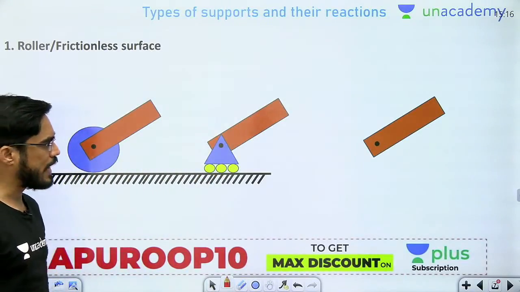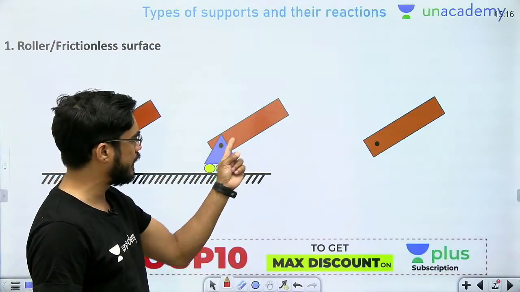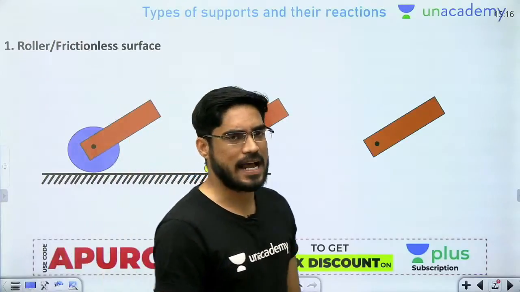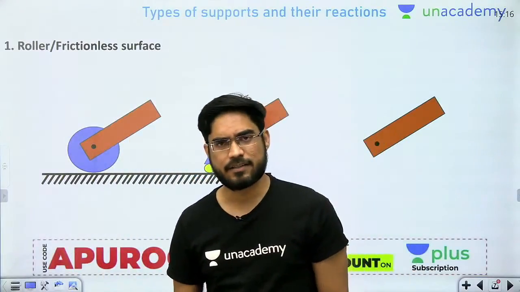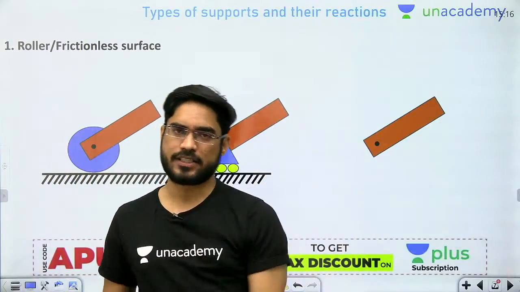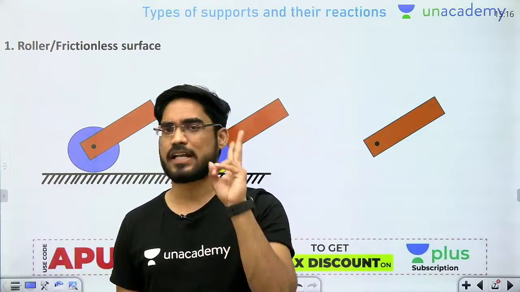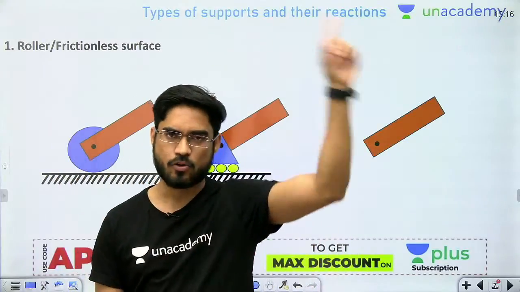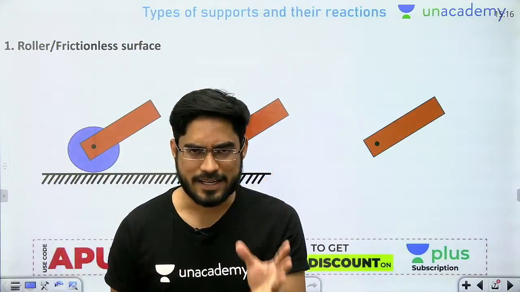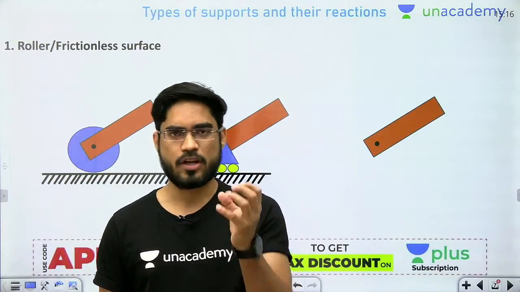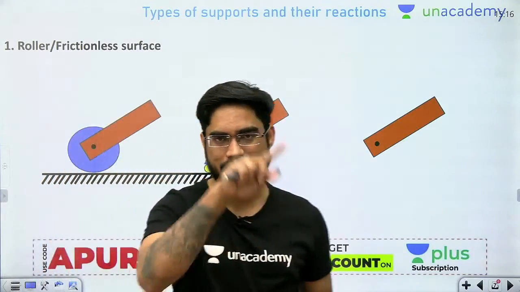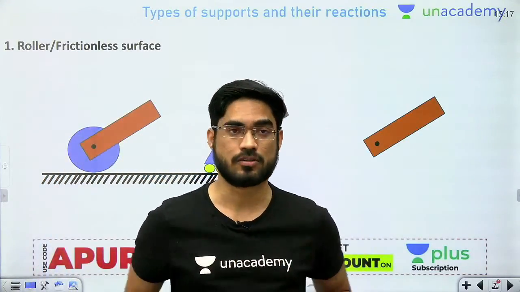Now beta, I need to know that when I isolate this body from this roller, what will be the reaction? Now in order to understand that, let me give you a very simple trick. Beta, there are two types of motion, translation and rotation. आज की दुनिया में सिर्फ दो टाइप के मोशन होते हैं बेटा, ट्रांसलेशन और रोटेशन, ओके? नाउ बेटा, द सपोर्ट रिस्ट्रिक्ट्स दिस मोशन. कोई भी सपोर्ट है वो इस मोशन को रिस्ट्रिक्ट कर रहा है. इट कैन रिस्ट्रिक्ट ट्रांसलेशन, इट कैन रिस्ट्रिक्ट रोटेशन, इट कैन रिस्ट्रिक्ट बोथ, ओके?